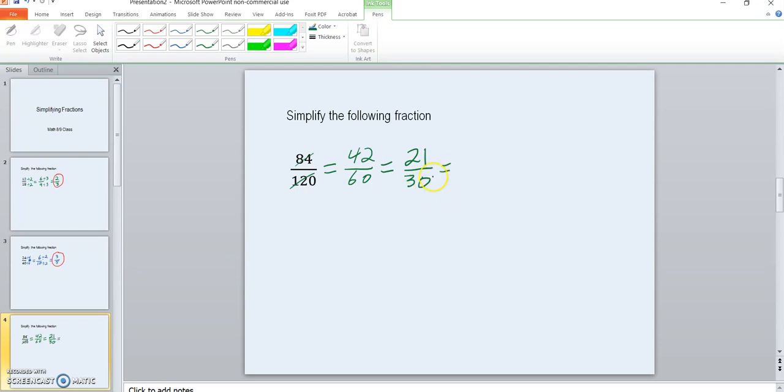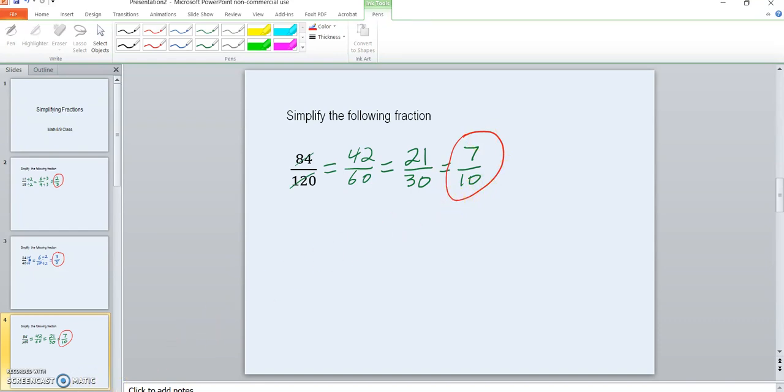Now I can look at this, and 21 cannot be divided by 2, so I'll have to try a different number. And I know that they can both be divided by 3 to get 7 over 10. Now because this can't be simplified any further, that's my final answer.